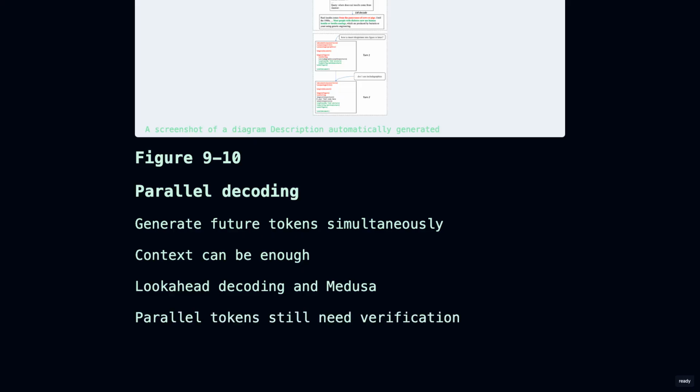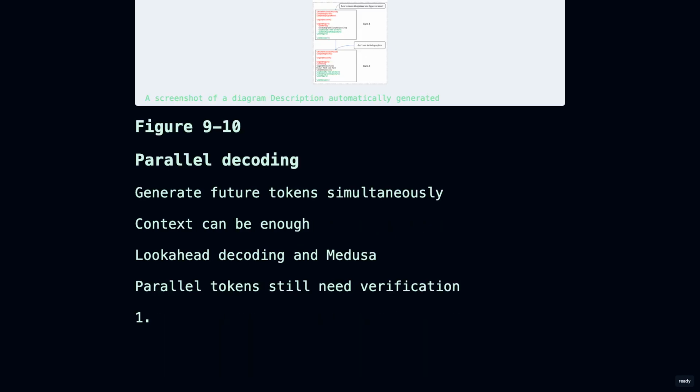Because these tokens are not produced one after another, they must be checked for consistency. Verification and integration are the crucial steps that make parallel decoding usable. The verification process starts by generating several future tokens in parallel.